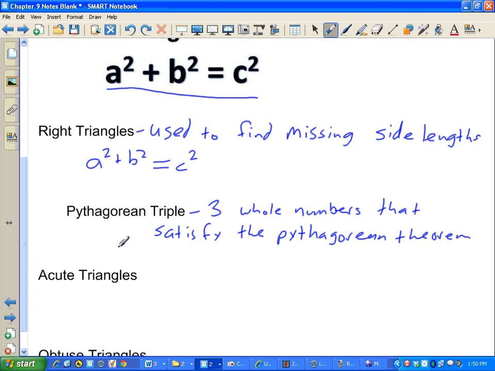One example, the most common example, is 3, 4, 5. 3 squared plus 4 squared equals 5 squared. 3 squared is 9, 4 squared is 16. That equals 25, which is, of course, 5 squared. So 3, 4, 5 is an example of a Pythagorean triple because they're all whole numbers, and when I put them in the Pythagorean theorem, they work. Now, 5 has to be the hypotenuse, has to be C because it's the longest side. Always make sure you remember that. The longest side has to be C.